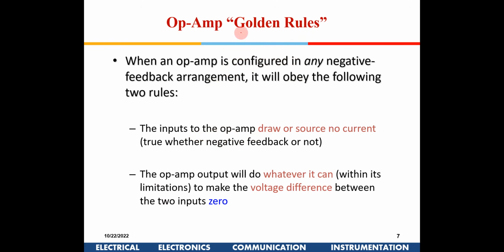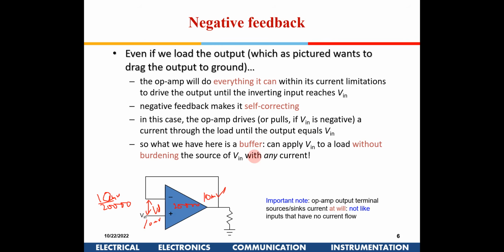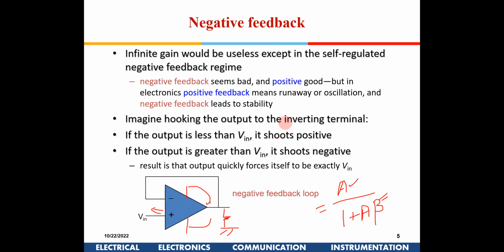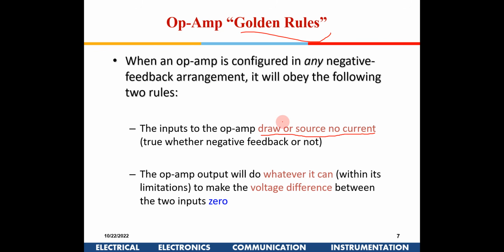So there are certain golden rules for op-amps. First, we assume that the input terminals don't take any current. That means there is no current flowing into the input. If it is a MOSFET, obviously we know it is a gate, so no current will flow. That is for analysis purposes. Second, we assume that these two voltages are equal.